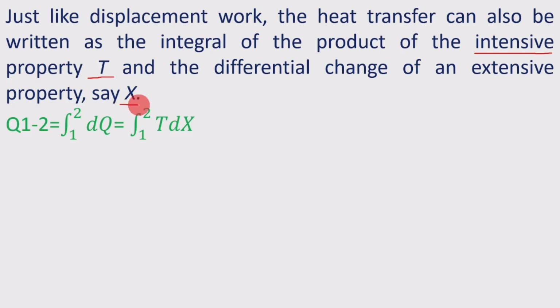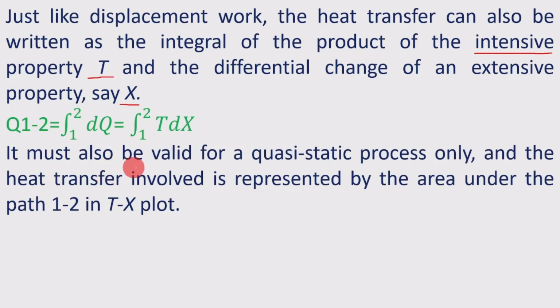Here the unknown property X is taken, and that X we are going to define later. Q1-2 is then given by the integration of 1 to 2 dQ, which is equal to the integration of 1 to 2 T dX. This is valid for only a quasi-static process.